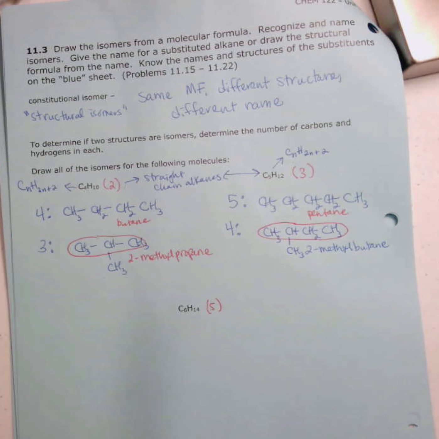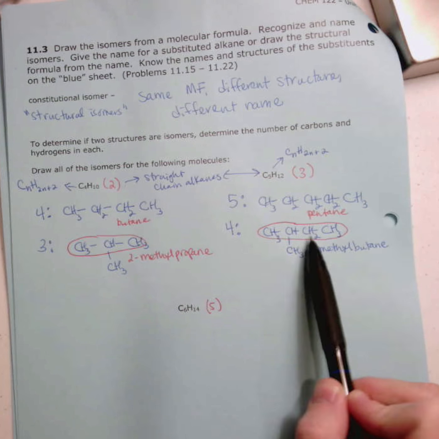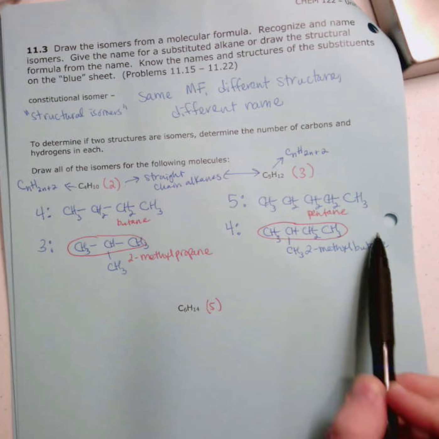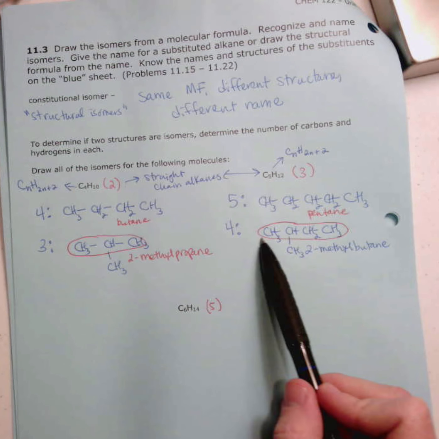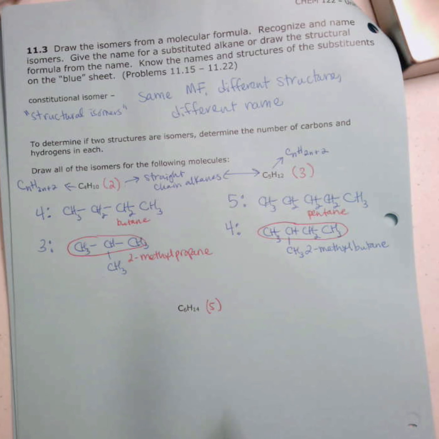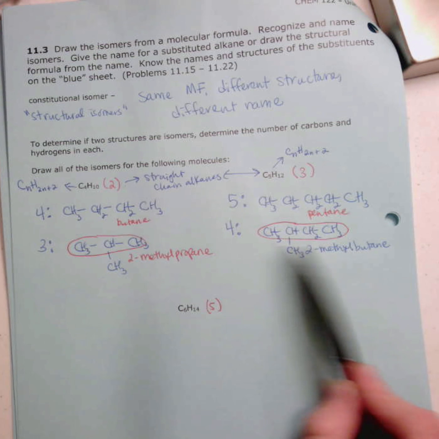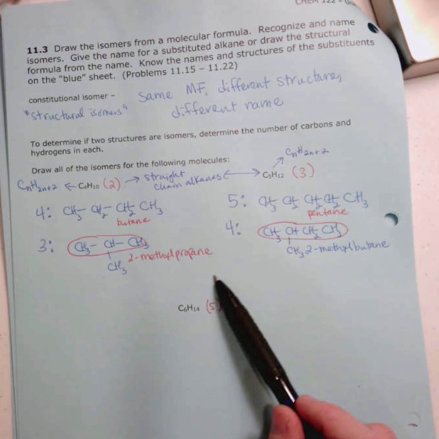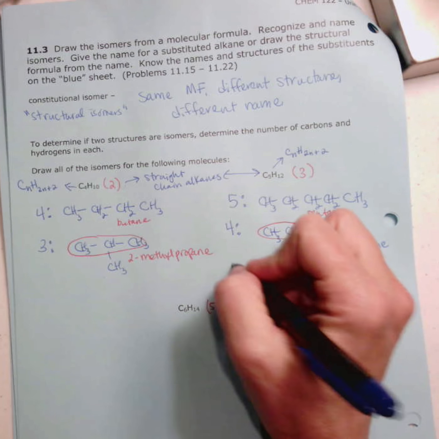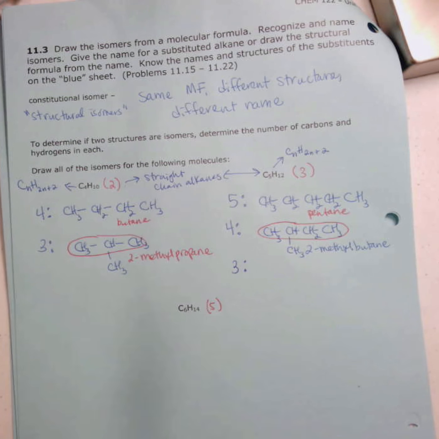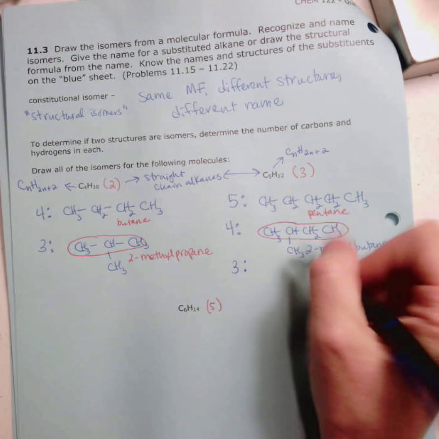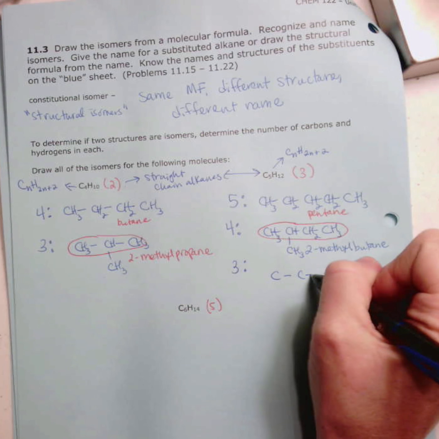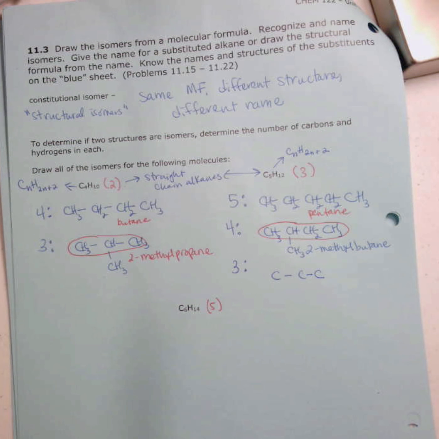Now, if I move this methyl group over here, it's still going to be 2-methylbutane. I'm going to number the other way. So instead of from left to right, I'm going to number right to left. All right, so I'm not going to be able to come up with any other isomers. If I put this methyl group on the ends, I'll just generate pentane. So I need to go down to a chain of 3. I have to be careful with this chain of 3 because I get students who are like, oh, well, I have 2 carbons to park.